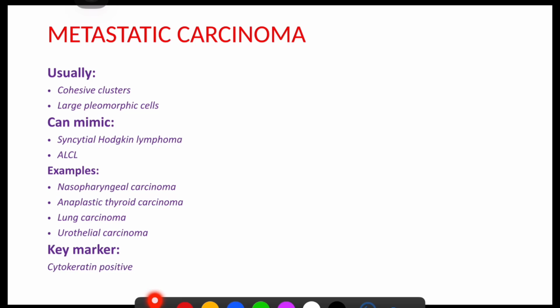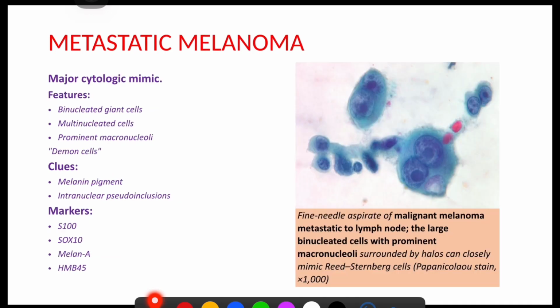So what are the examples? Nasopharyngeal carcinoma, anaplastic thyroid carcinoma, lung carcinoma, urothelial carcinoma have a pleomorphic cell pattern, but here cytokeratin is positive.